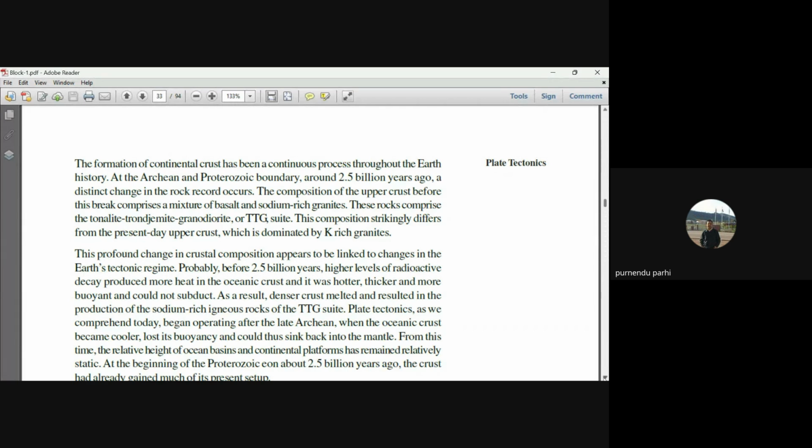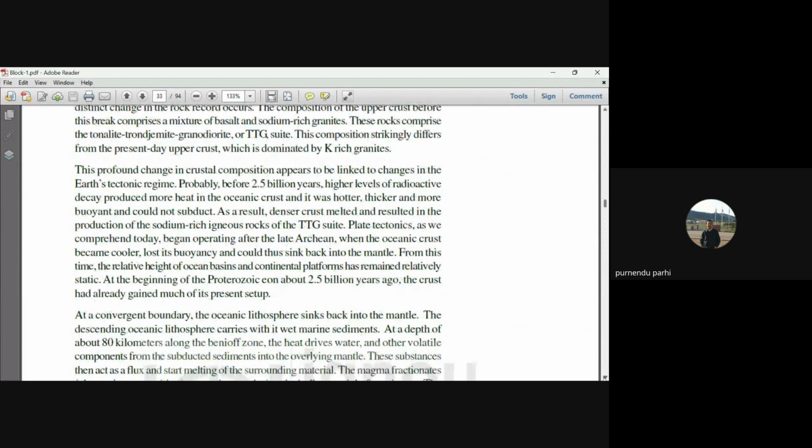Probably before 2.5 billion years, higher levels of radioactive decay produced more heat, and the oceanic crust was hotter, thicker, and more buoyant and could not subduct. As a result, denser crust melted and resulted in the production of sodium-rich igneous rocks of the TTG suite.